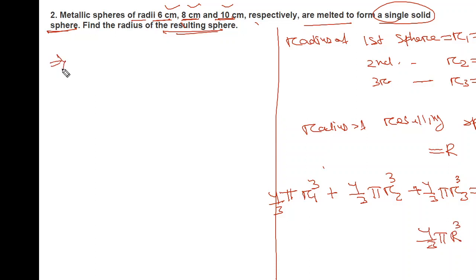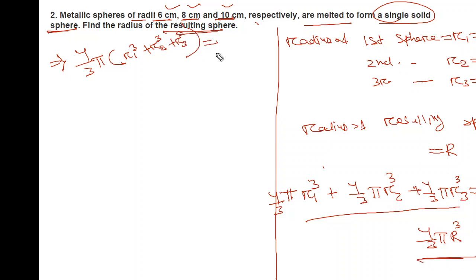Implies now you can take 4 by 3 pi common from these three terms. So 4 by 3 pi you can take common, then r1 cube plus r2 cube plus r3 cube, which will be equal to the RHS, same 4 by 3 pi large R cube. Now you can cancel 4 by 3 pi and 4 by 3 pi in the LHS and RHS. So R cube will be equal to r1 cube plus r2 cube plus r3 cube.